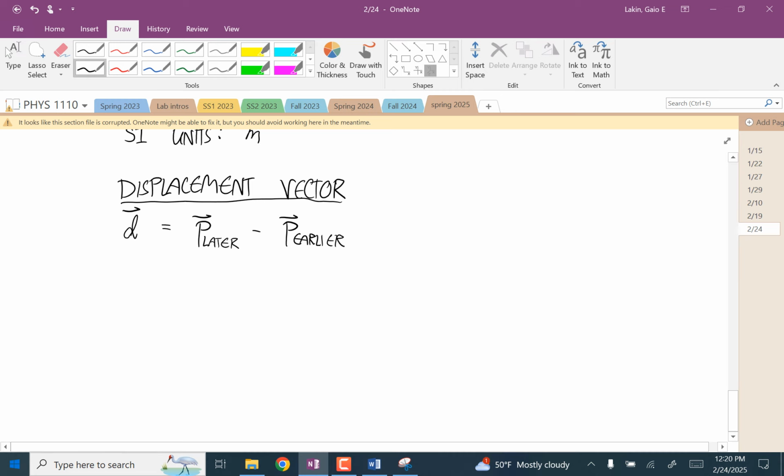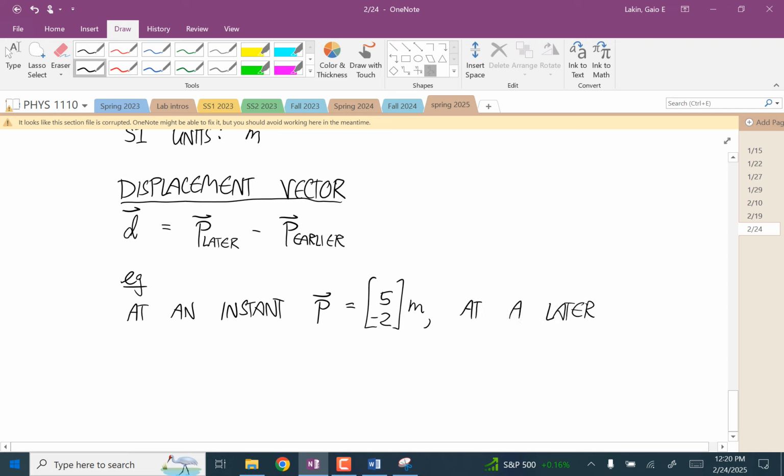Okay, so for example, let's say at one given instant, the object has a position vector that's equal to 5, -2. And at a later instant, the object has a position vector that's equal to -4, 0.